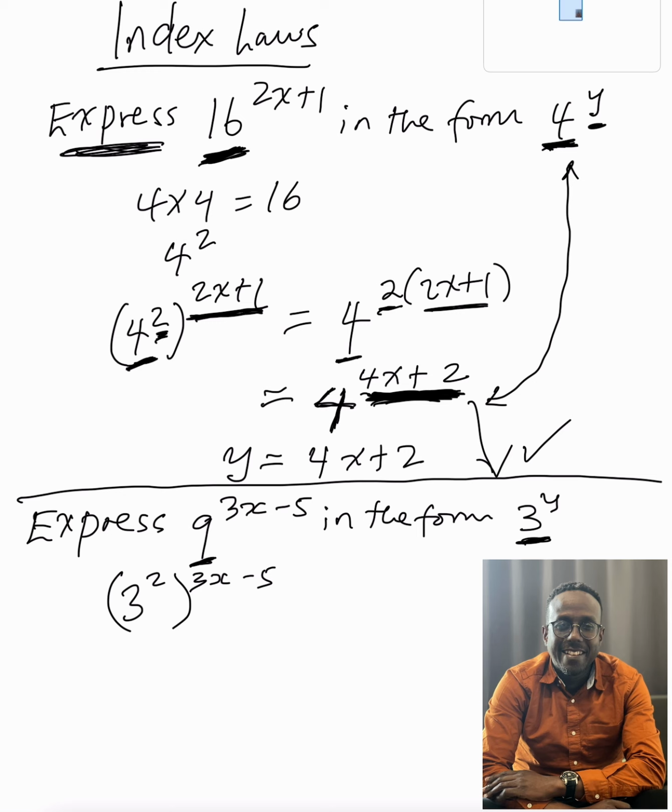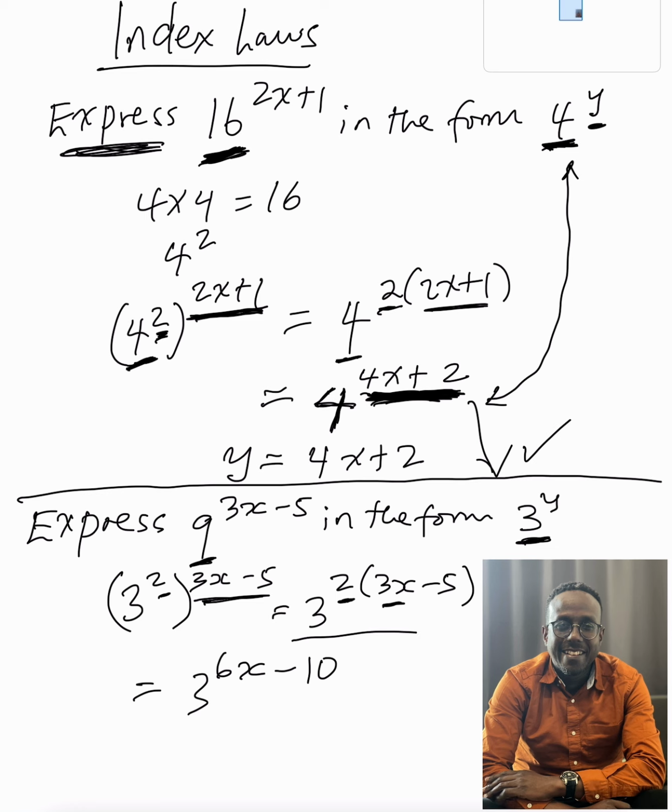Then I will multiply this 2 by that power. So I leave the 3 on its own, then open brackets: 2 times 3x is 6x, and then 2 times 5, we have a minus there, minus 10.